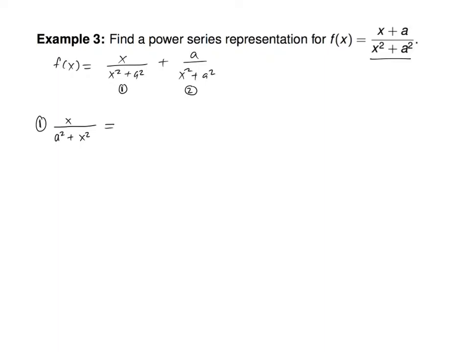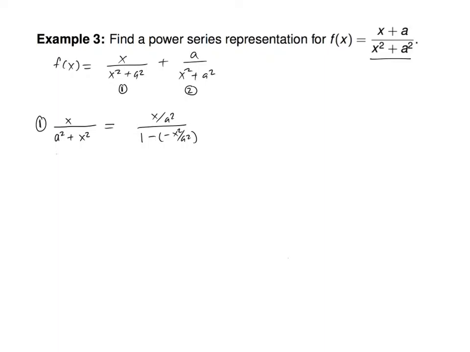So how would you first of all make that into a 1? What would you have to do? Divide by a squared, yep, good. So you have x over a squared over 1, and can I just say minus negative x squared over a squared off the bat? Okay, awesome.